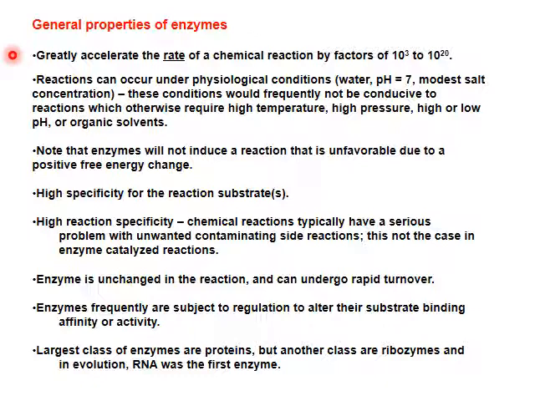So we're talking about huge rate enhancements. These reactions occur at 37 degrees Celsius or room temperature and 1 atmospheric pressure. We don't have to go to extreme conditions in order for the reactions to occur.